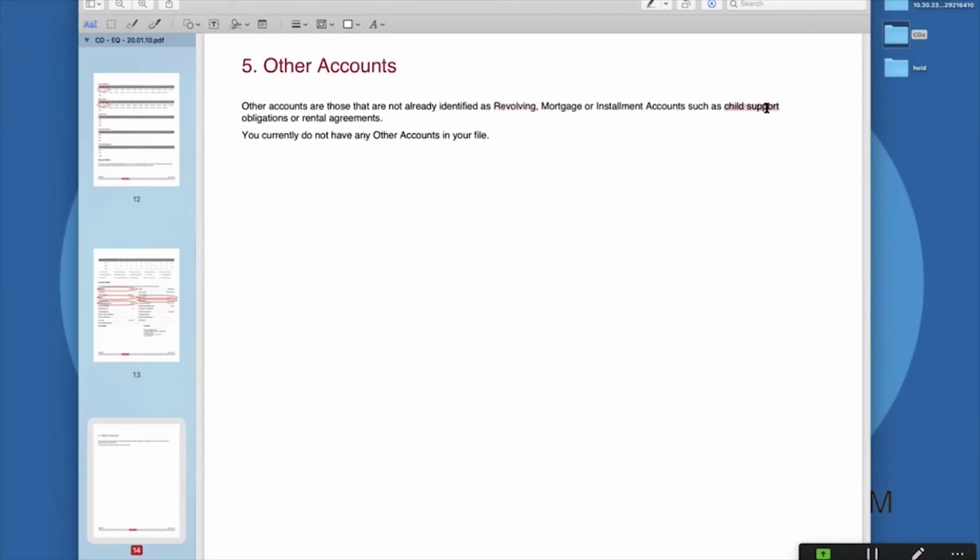This says that child support obligation, rental agreements, things like that. If you have what I call augmented credit reporting, where you can subscribe and they're adding your rental payments, adding your cell phone payments, adding service provider payments to augment your profile. That is not a recommendation.